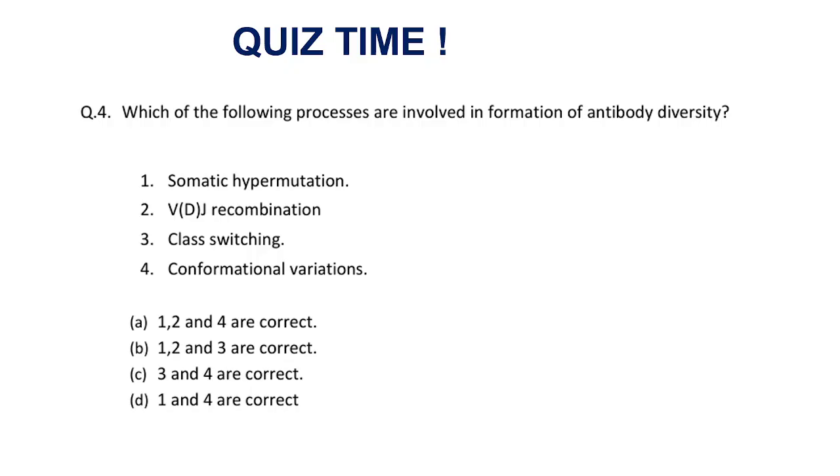B, okay. Right. So the processes are VDJ recombination, class switching, and somatic hypermutation. So it is 1, 2, and 3. That is option B.